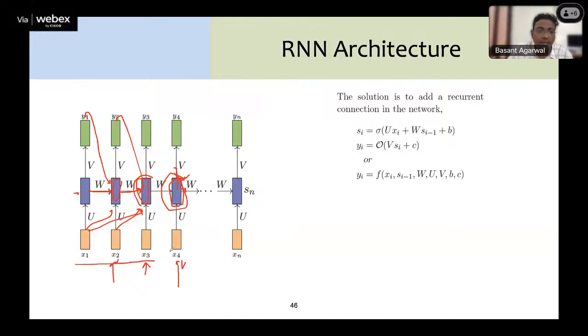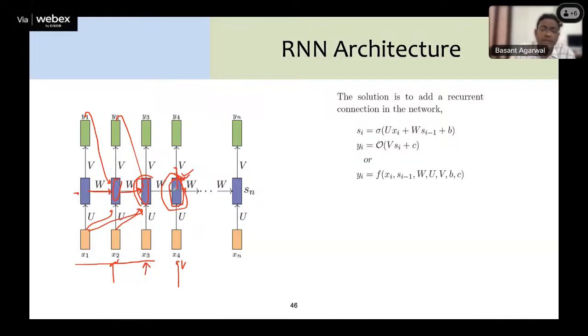So we'll see that as we go back in the network, the contribution of x1 becomes slightly less as compared to x3 when we are processing x4.